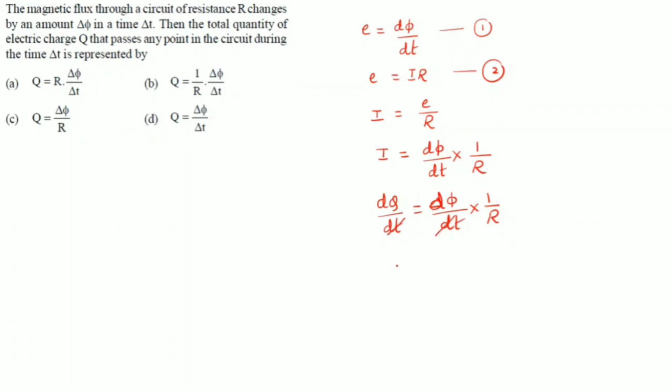So, the equation is Q equals dΦ divided by R, or we can write ΔΦ divided by R. That means induced charge is equal to changing magnetic flux divided by resistance. So, the answer is C. Q equals ΔΦ by R.